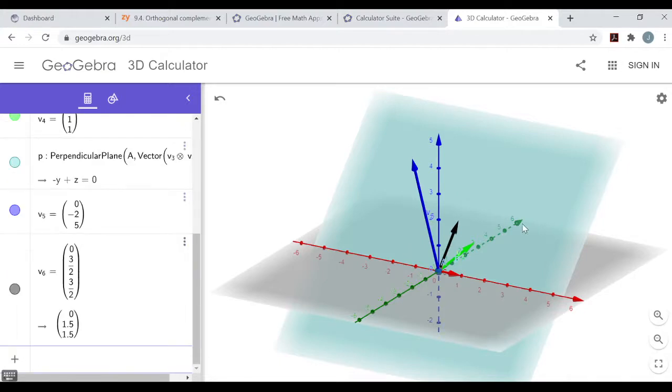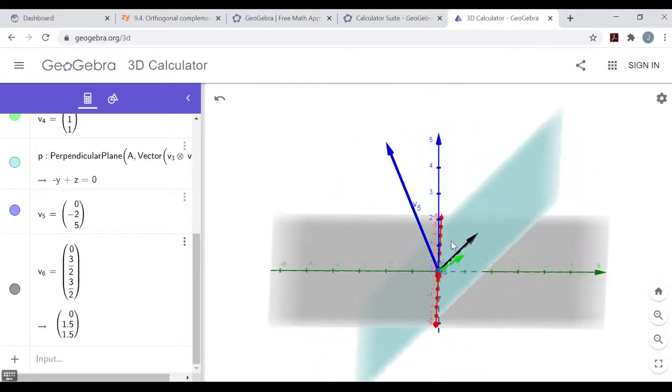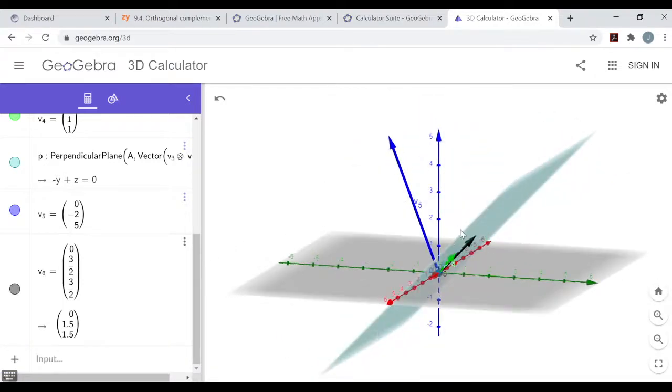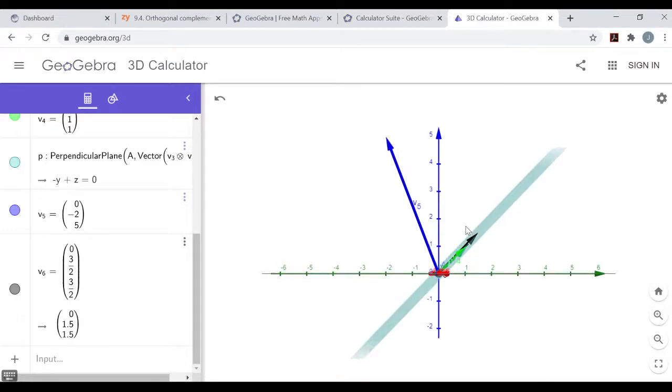And look, see that black vector that just showed up? 0, 3 halves, 3 halves. That is on the plane. See, it's on that blue sheet, it's on W. And the tip of that black vector should be directly beneath the tip of the blue vector, right?